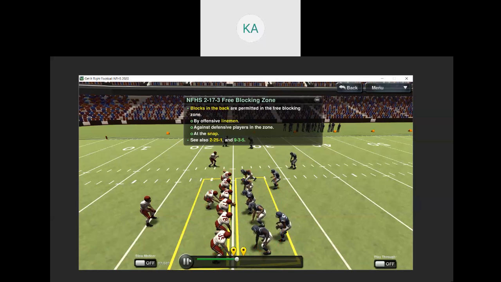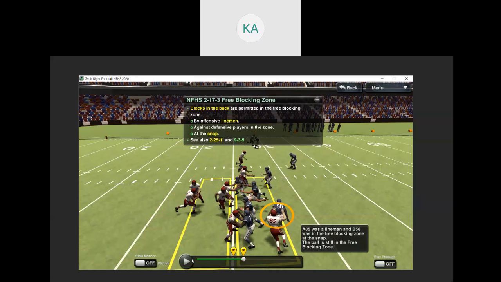I guess it just appears to me that this is a long time to develop this block. Yeah. So the ball's being handed off right here. It's still inside the free blocking zone. So the free blocking zone is still in effect. Okay. All right. So there's a lot going on there to figure out.